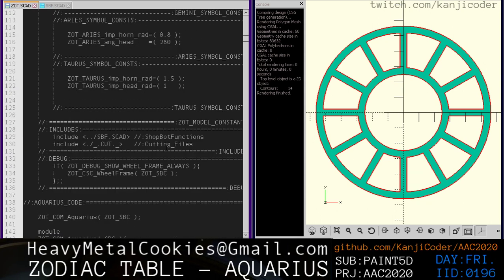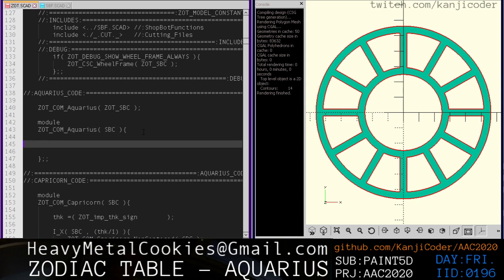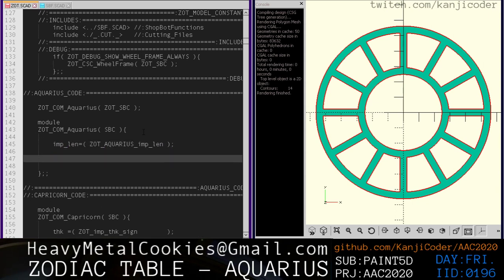Okay, so with that, we can go down here into the code and say length equals, but we can't really say length because length is a keyword, so we're going to say imperial length equals that. And then we're going to say vcarve inch line, and we're going to say SBC, and then take a thickness variable, and then we need a point.